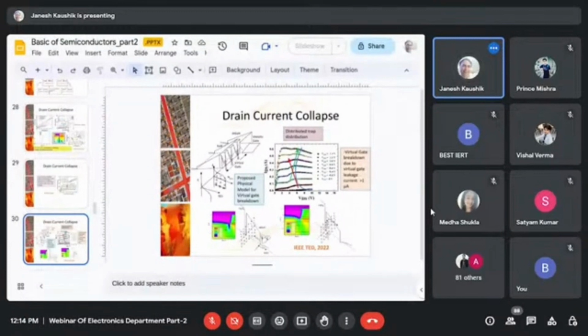Due to that breakdown of the virtual gate, we get the full current, and the direction of that kink or the collapse of the recovery point changes the direction. That's why near the pinch-off it moves to higher drain voltages, in between it goes to the lower one, and again it goes to higher drain voltages.